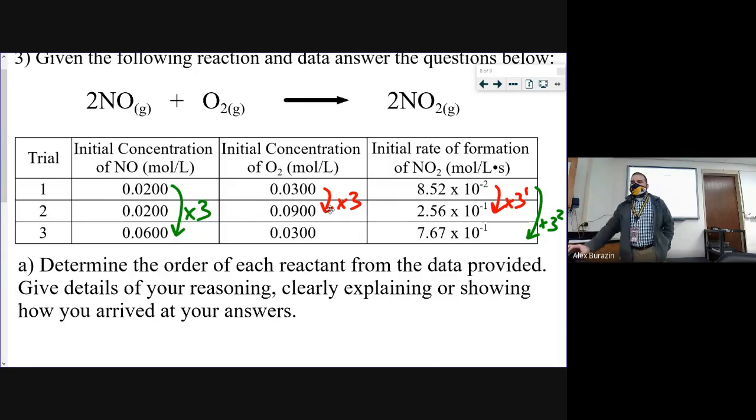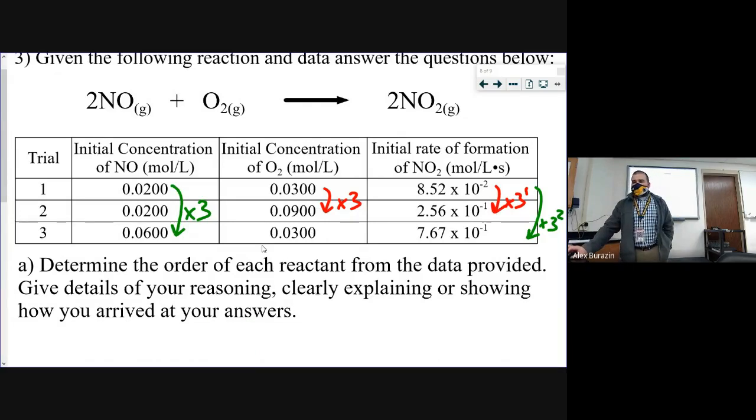I saw that this concentration tripled, and I expect that the rate will change by the exact same factor raised to a power. The power that I raise it to is called the order. This tripled, the rate also tripled. Great, it's a first order relationship.